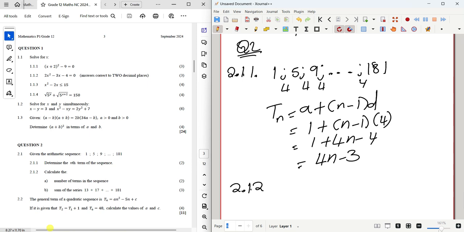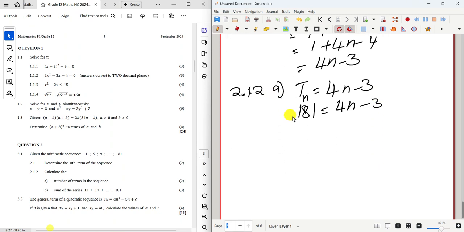Calculate the number of terms in the sequence, 2.1.2a. We said the general term is 4n minus 3. The last term here is 181. So let's look for the number of terms.